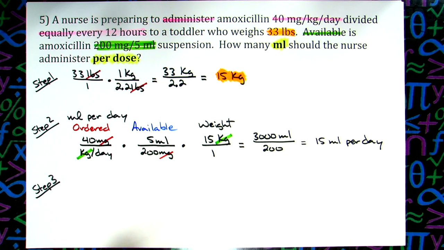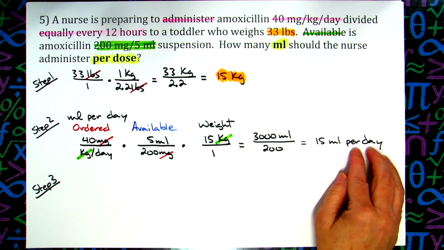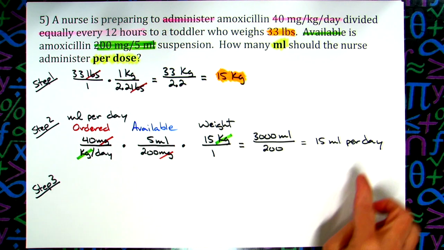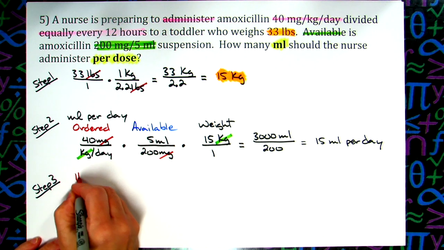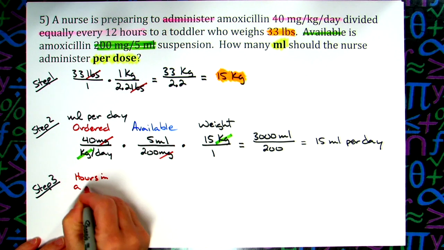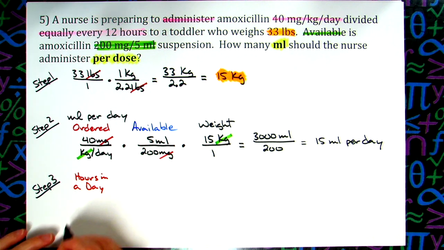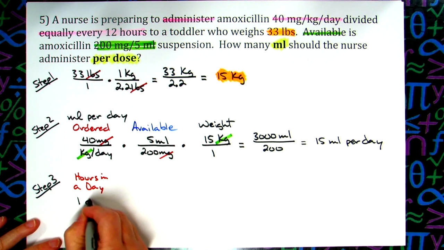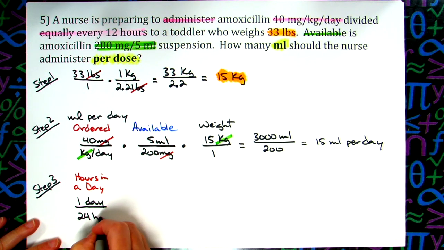All right, now I need per dose here, and this is per day, so I'm going to have some conversions in here. I need to get rid of the day. All right, so I'm going to say hours in a day and write down a conversion factor. We know how many hours are in a day. There are 24 hours in a day, so I'm just going to say 1 day over 24 hours.